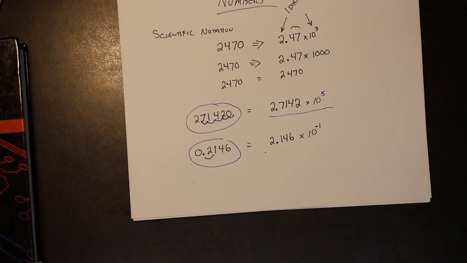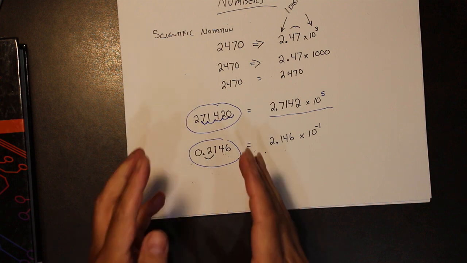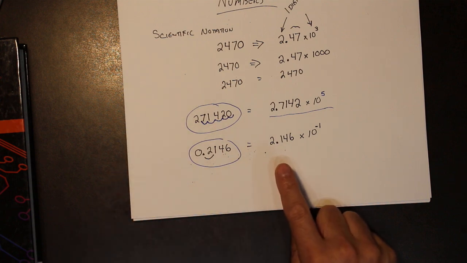So scientific notation, again, its job is to represent any number in a particular form.